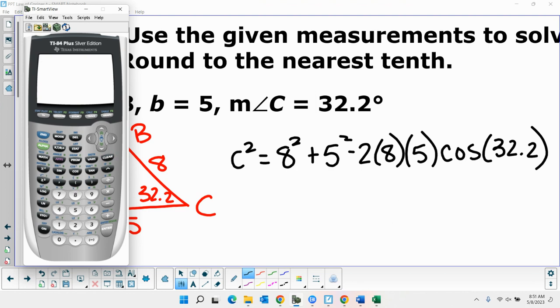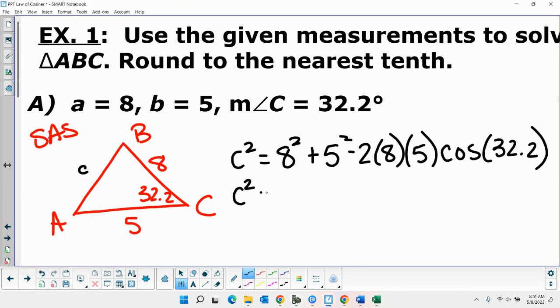All right, so 8 squared plus 5 squared minus 2, 8, 5, cosine 32.2, close it up, and that's 21.3. That's what C squared equals. So what do I have to do to find C?